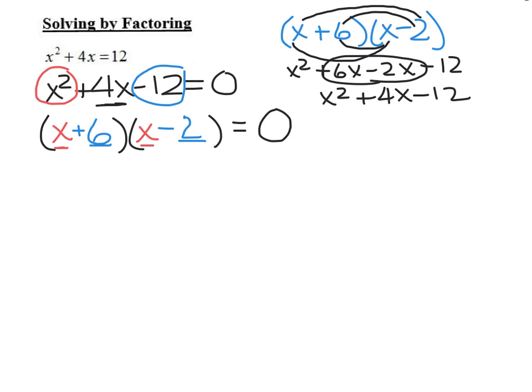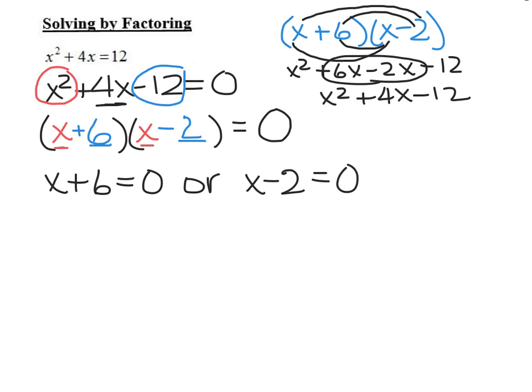The next part is we're going to use the zero product property. The zero product property says if you have a bunch of factors being multiplied together and the result is 0, at least one of those factors has to be 0. So this equation that we have here will be true if the factor x plus 6 equals 0 or if the factor x minus 2 equals 0.